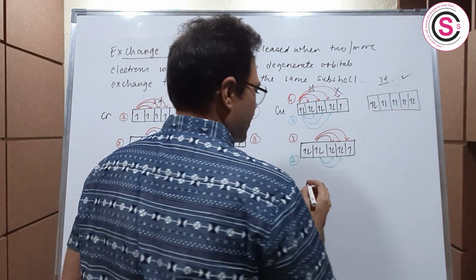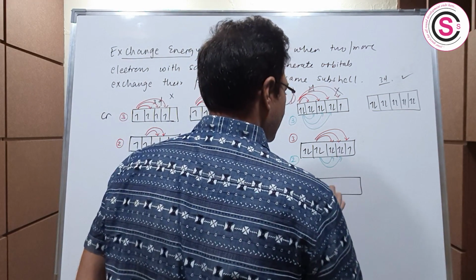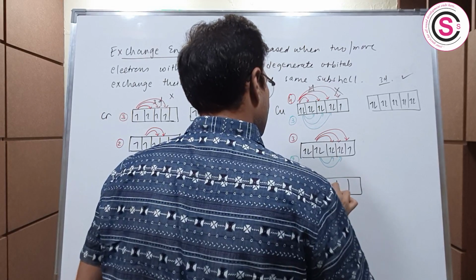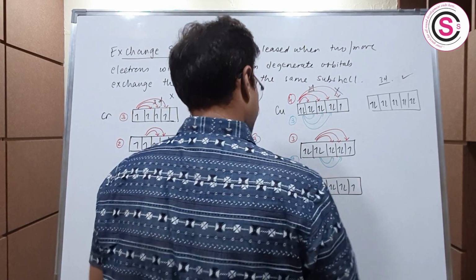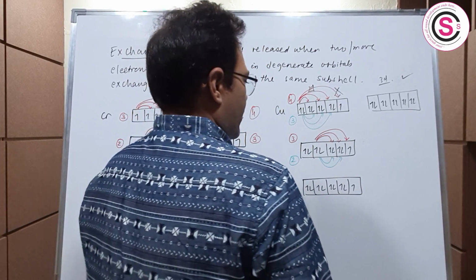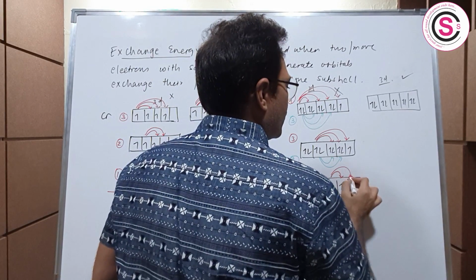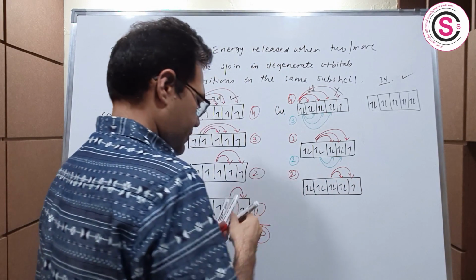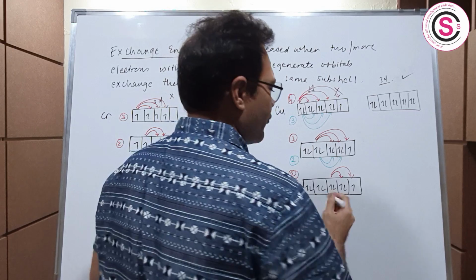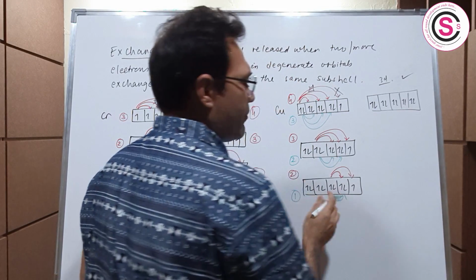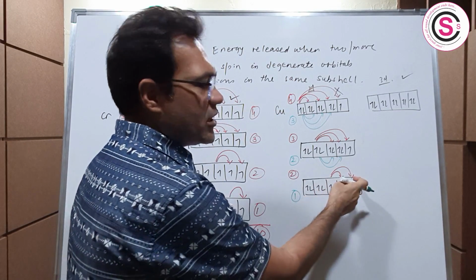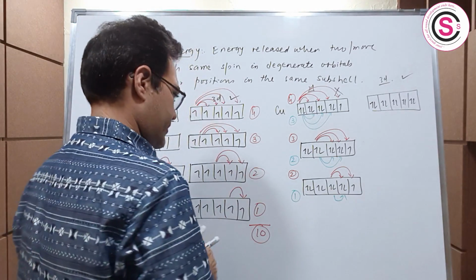Let us consider the third electron. Here 2 exchanges are possible, and for the downspin electron only 1 exchange is possible, because a downspin electron cannot be exchanged with an upspin electron.